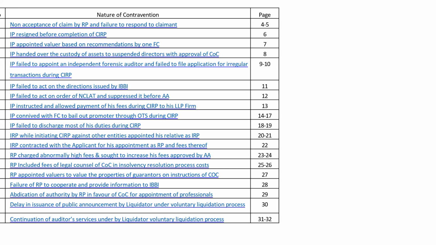IP failed to act on an order of NCLAT and suppressed it before AA. IP instructed and allowed payment of his fees during CIRP to his LLP firm. IP connived with FC to bail out promoter through OTS. IP failed to discharge most of his duties. IP, while initiating CIRP against other entities, appointed his relatives as IRP.